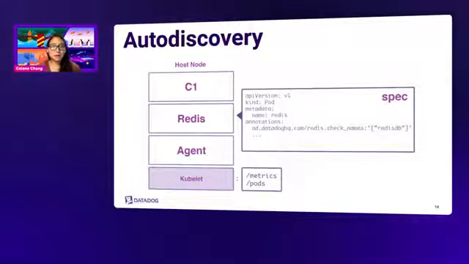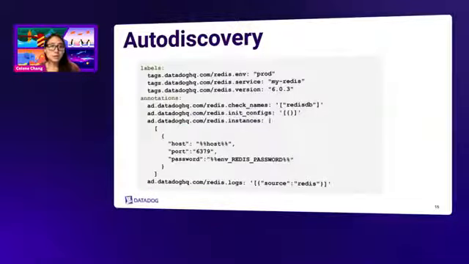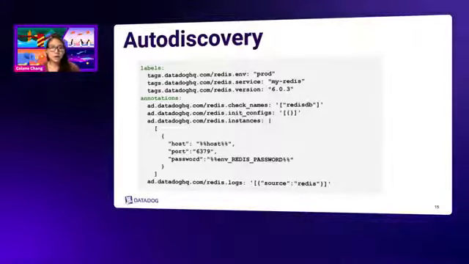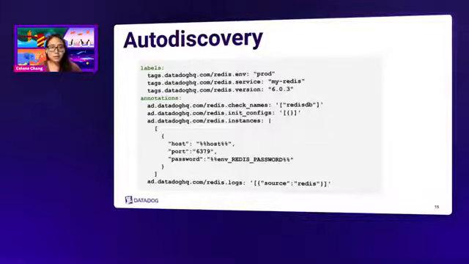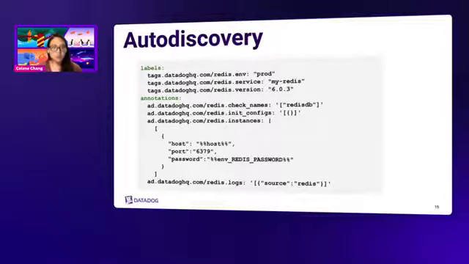And here's a snippet of a Redis pod manifest that's configured to use auto discovery. You can see that right in the annotations, we have configured the check name and the instances. And this configuration is matched to a container running on this pod called redis.